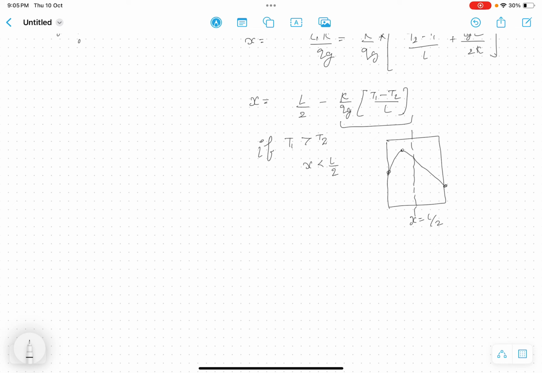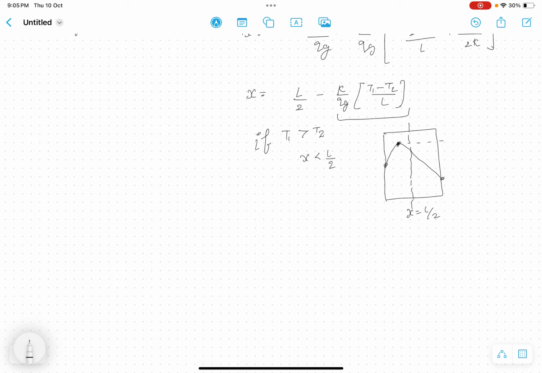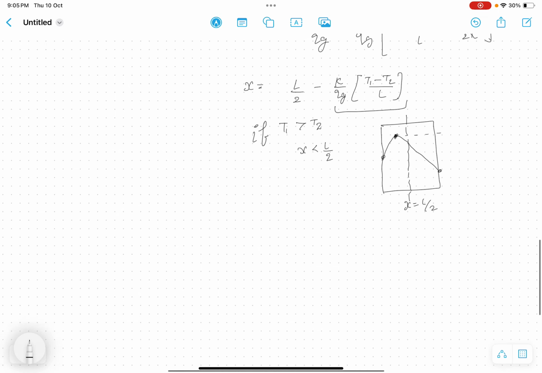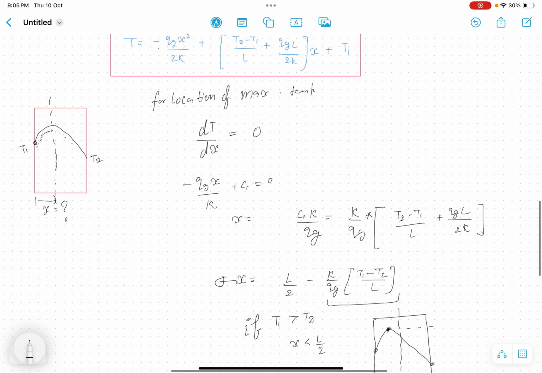Okay, so this will be the maximum temperature location, right? And we can also find the maximum temperature, the value of this temperature, by putting this value in this equation. We can find what is the maximum temperature inside the body, right?